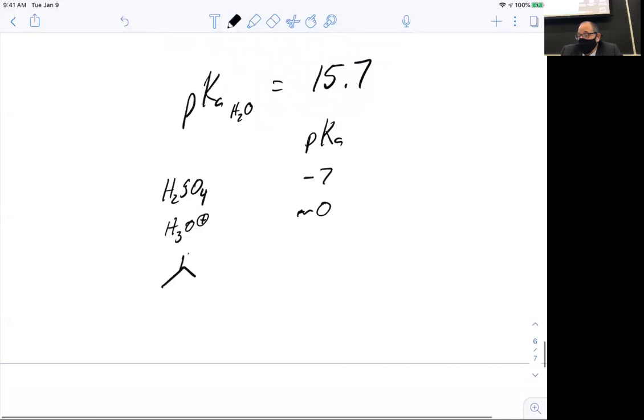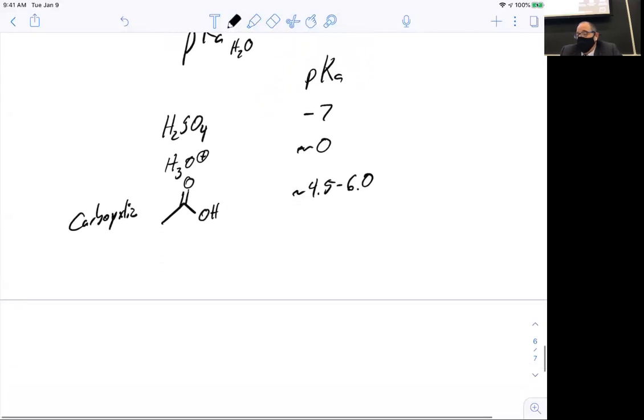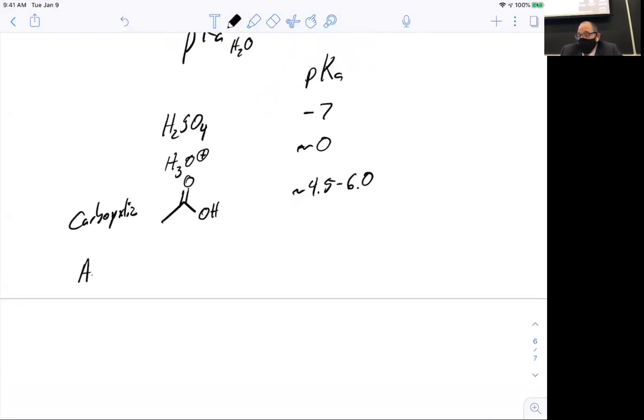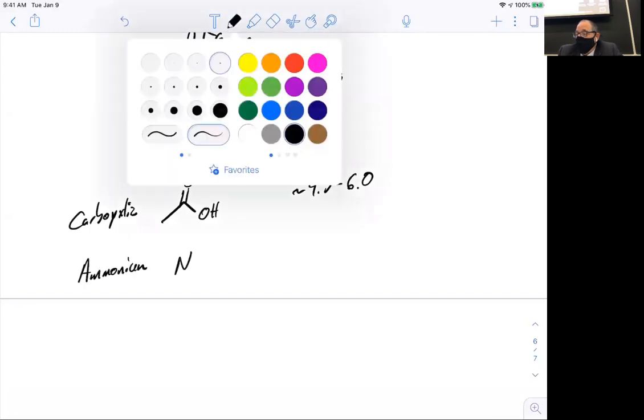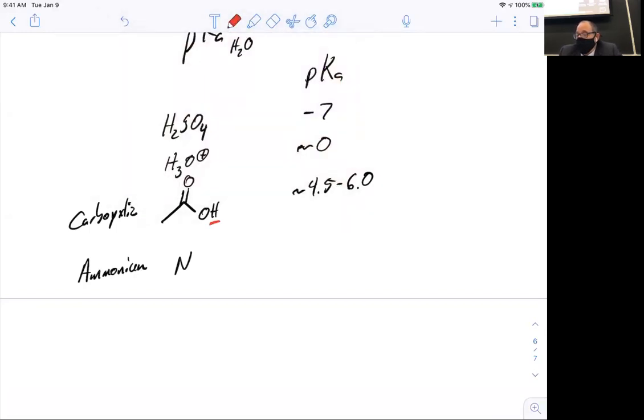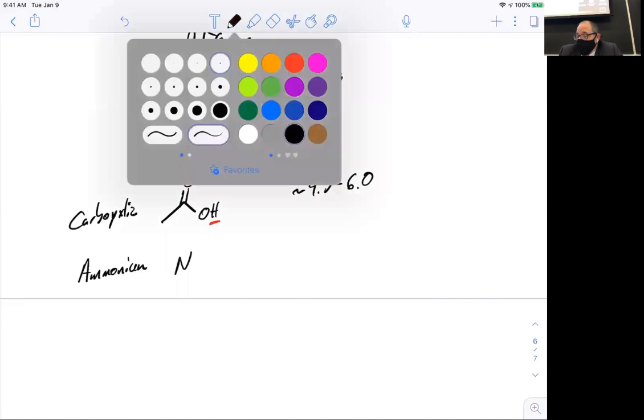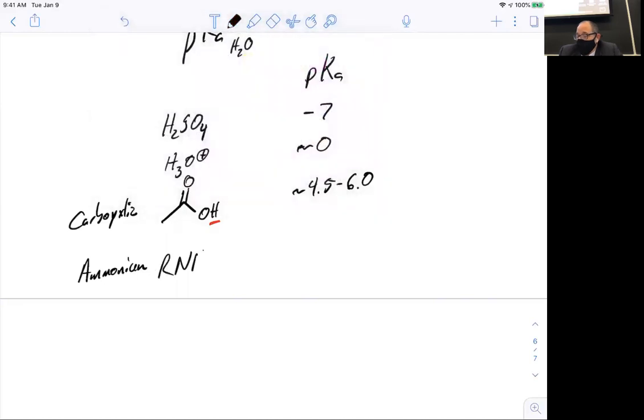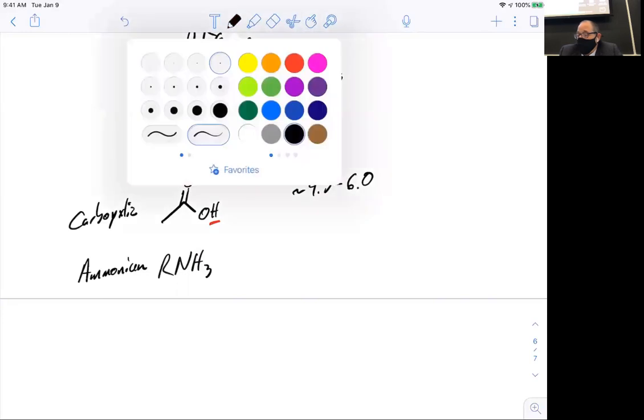We look at carboxylic acids. Our pKa range is 4.5 to 6. We get to ammoniums. And it's obvious, as we go down this chart, it's going to be a little bit more difficult to see, but it's pretty obvious when we get to some of these what the proton is that we're talking about.